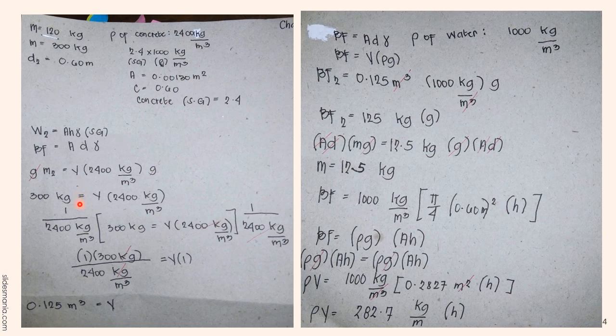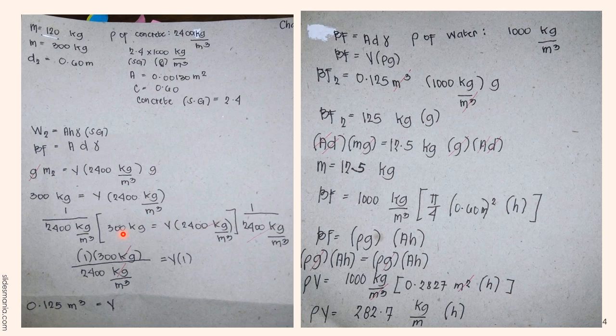So first, let us solve for the weight 2. Weight 2 is equal to the area times height times the specific weight and the specific gravity. The buoyant force has a formula of area times the depth and the specific weight. So first, weight is equal to mass times gravity, which is equal to the volume times the density.